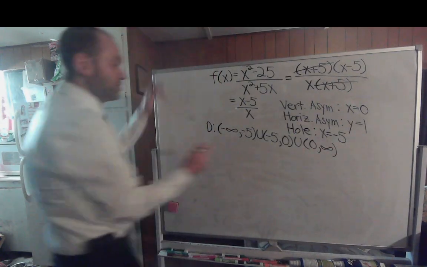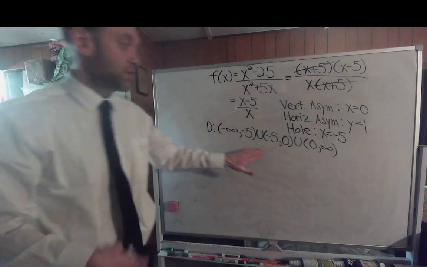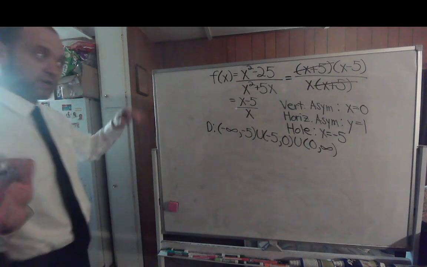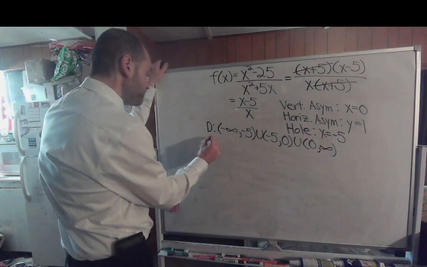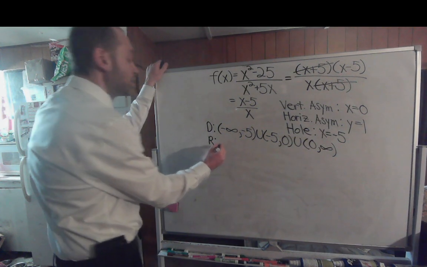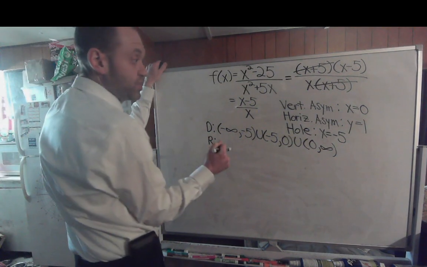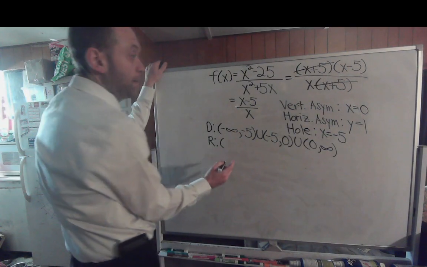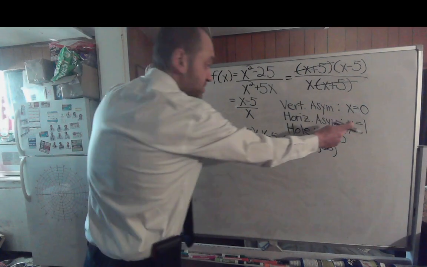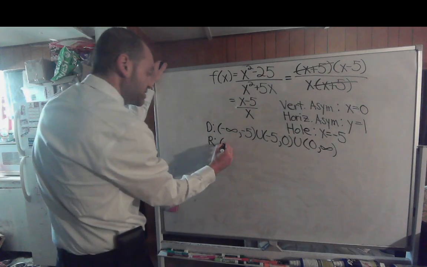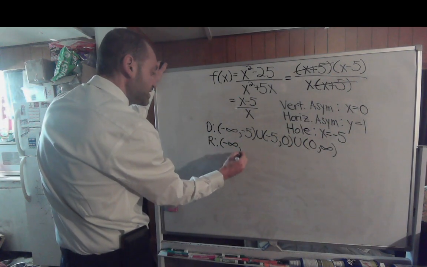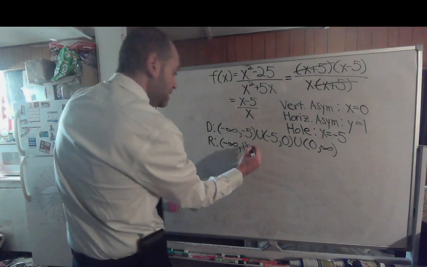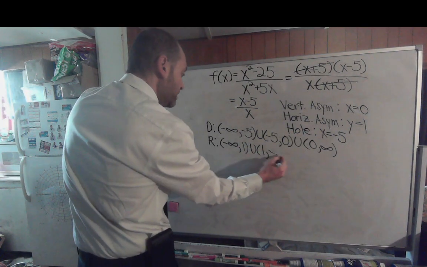So the only two values of x we cannot accept are -5 and 0. So what about your range? Your range, again, you have a horizontal asymptote at y equals 1, so that'll be from -infinity to 1 in union with 1 to infinity.